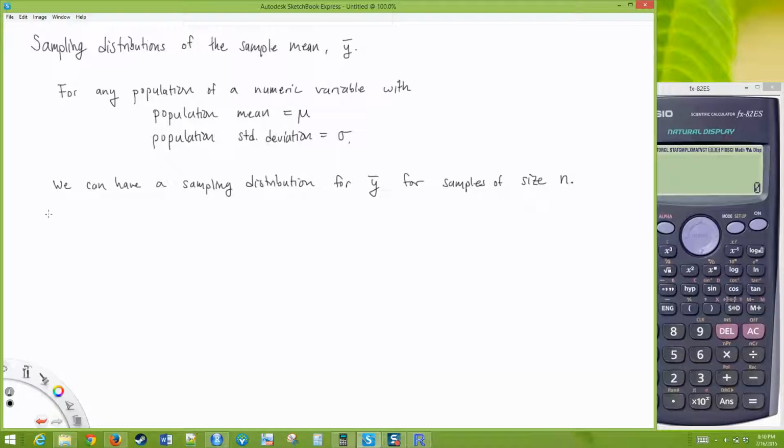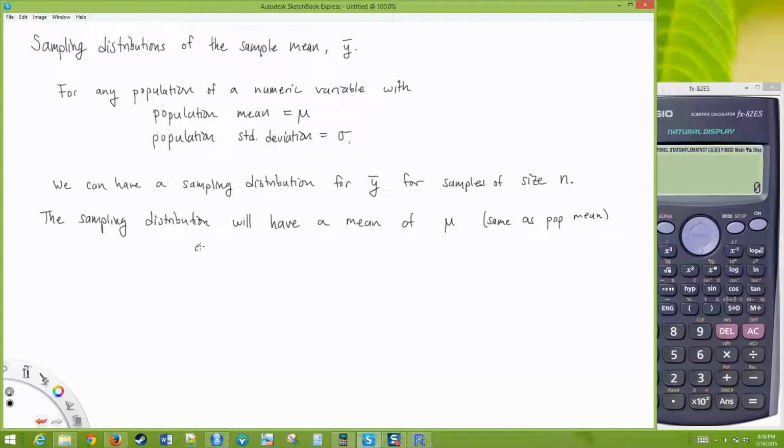Okay, so the sampling distribution will have a mean of mu, okay? Same as the population mean.